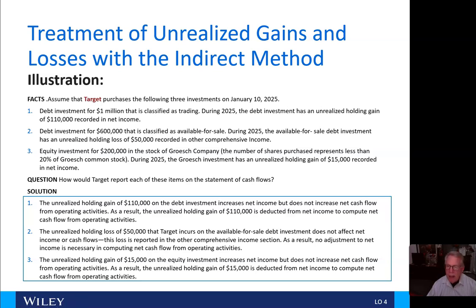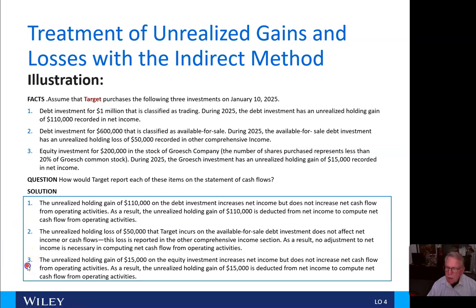Number two, the unrealized holding loss of $50,000 that Target incurs on the available for sale debt investment does not affect net income or cash flows. This loss is reported in the other comprehensive income section. So as a result, no adjustment to net income is necessary in computing the net cash flow from operating activities.